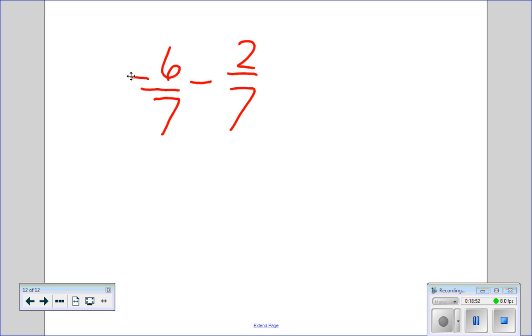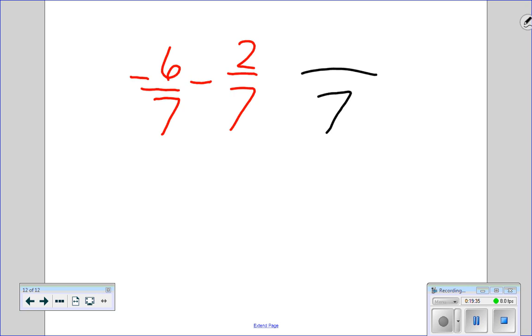That's okay. Okay, can I get started? All right, so your denominator is going to be 7.